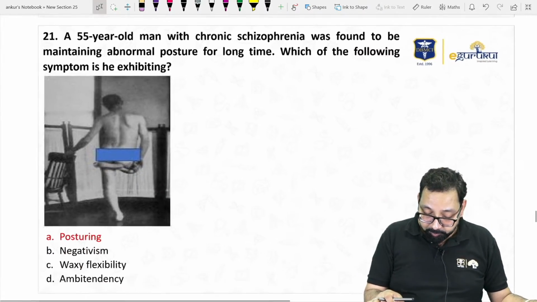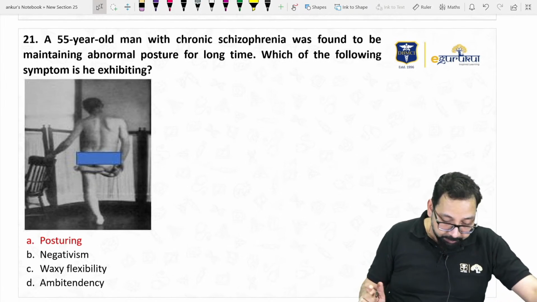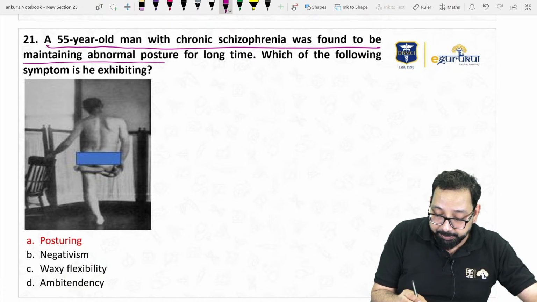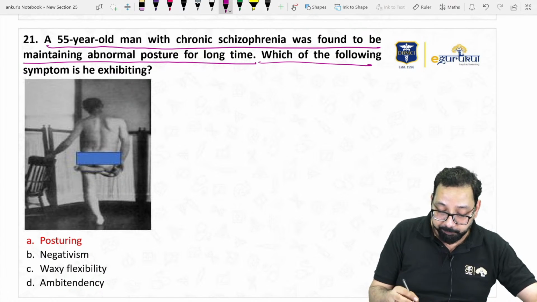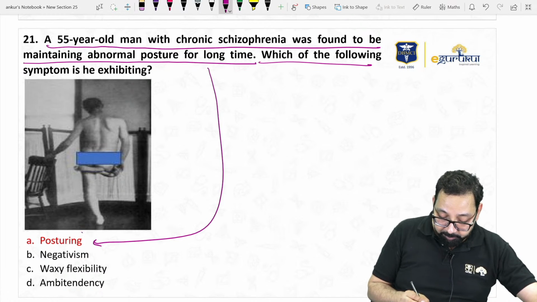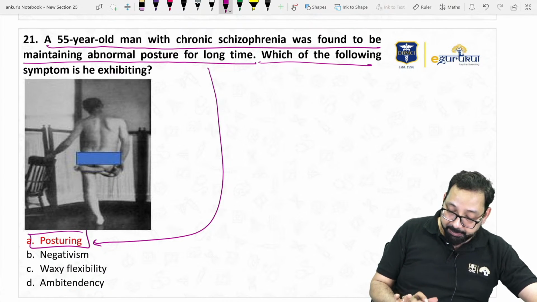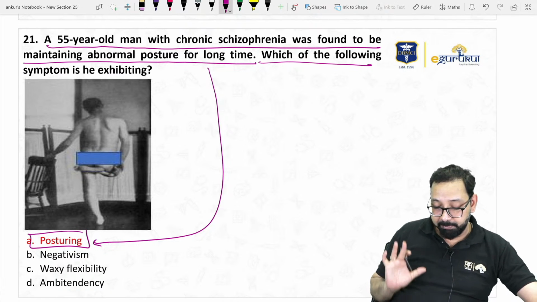Yes. Last question for the day. A 55-year-old man with chronic schizophrenia was found to be maintaining an abnormal posture for a long time. Which of the following symptoms? Answer is posturing. If the patient maintains this posture spontaneously, it is posturing.